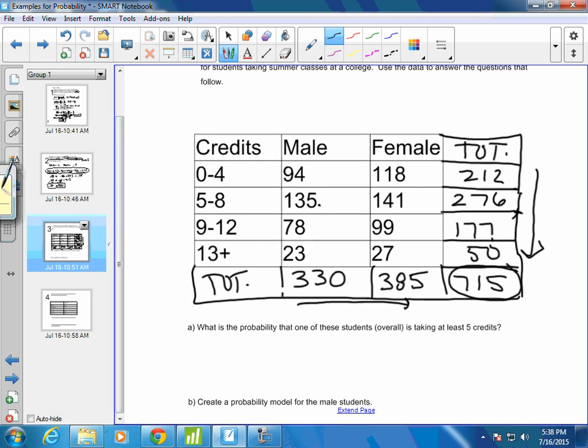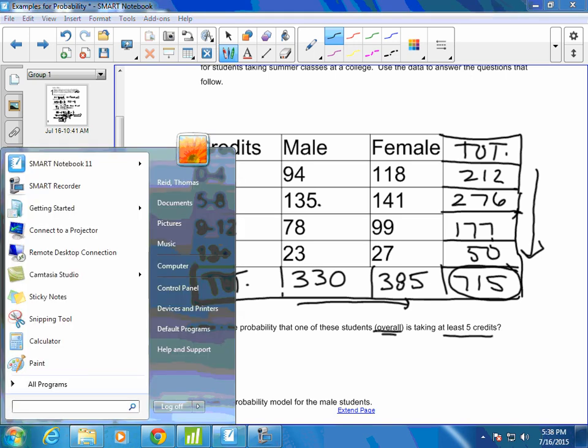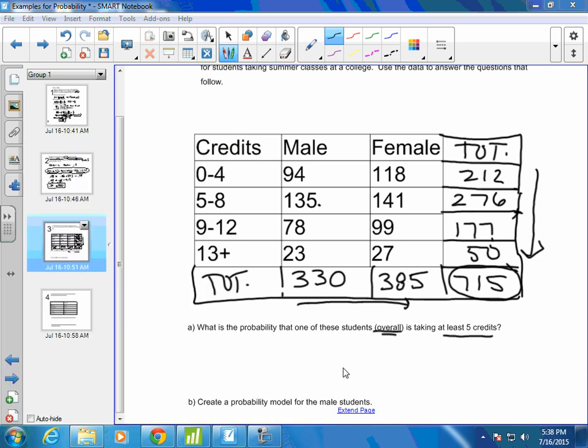All right, so what is the probability that one of these students overall, meaning maybe male, maybe female, is taking at least 5 credits? There's a couple different ways to do this. I guess the most common one is people say, well, at least 5 credits would be any one of these.